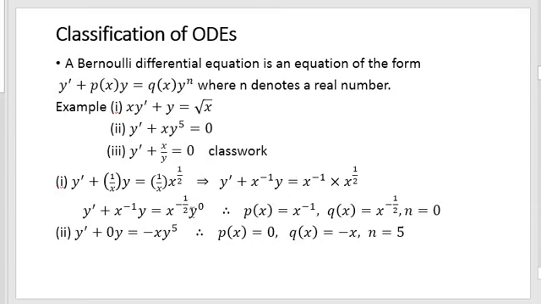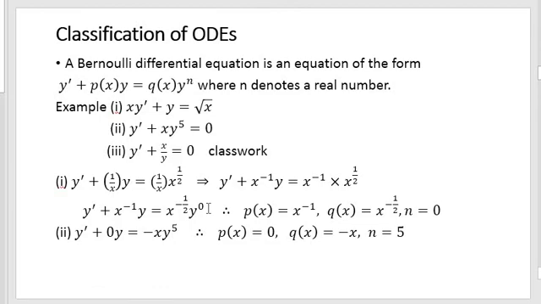You should be able to see this equation as a Bernoulli equation in the form y prime plus x to the power minus 1 y is equal to x to the power minus half y to the power 0. For Bernoulli equations, you should be able to see some of these things that exist there.